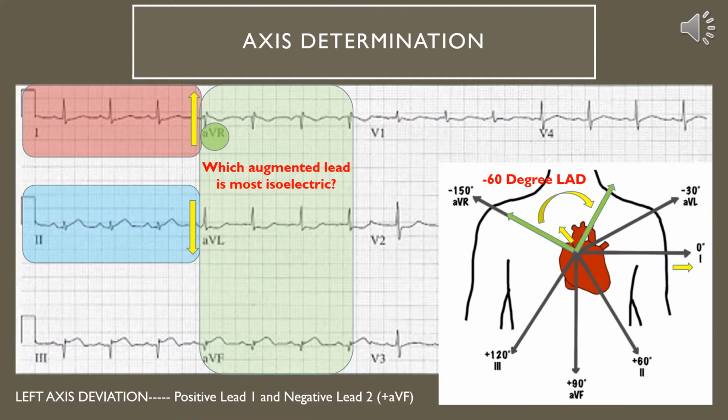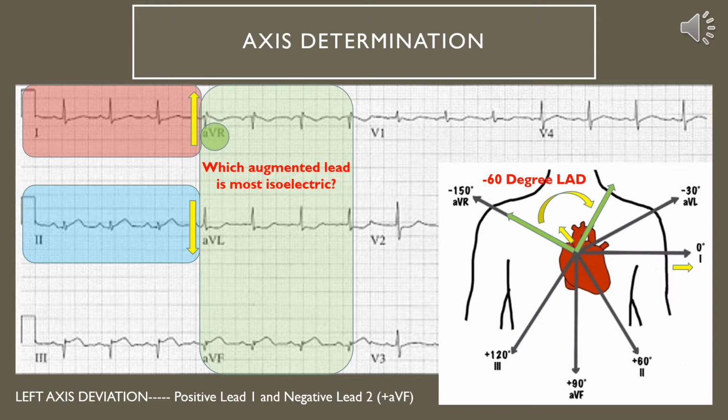Okay, for this EKG, we're going to ignore the fact that there's an ST elevation and probable ischemia going on. What we're looking at is the axis determination on this evaluation. To do axis evaluation, we want to look at lead 1 and lead 2.